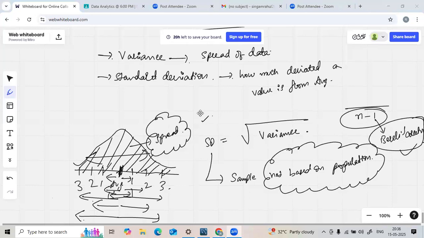Is there any condition like sorting the data for standard deviation? Yes, Ramya, we are going to use these concepts in Python. And if you're considering your sample, no, not required. Directly you can start performing.